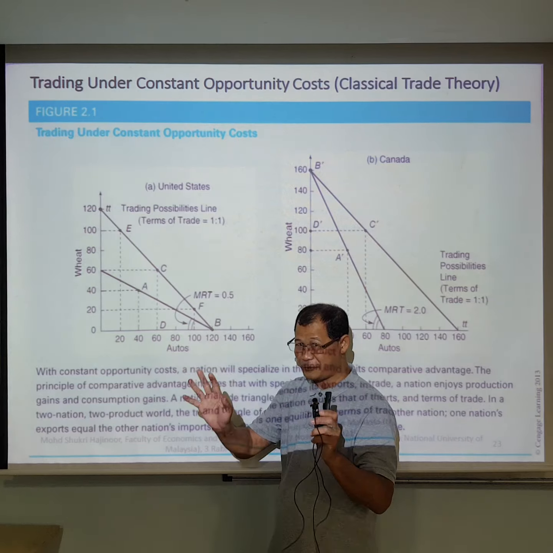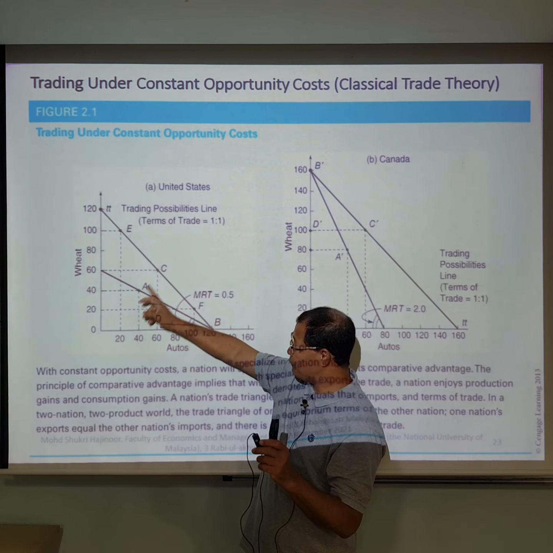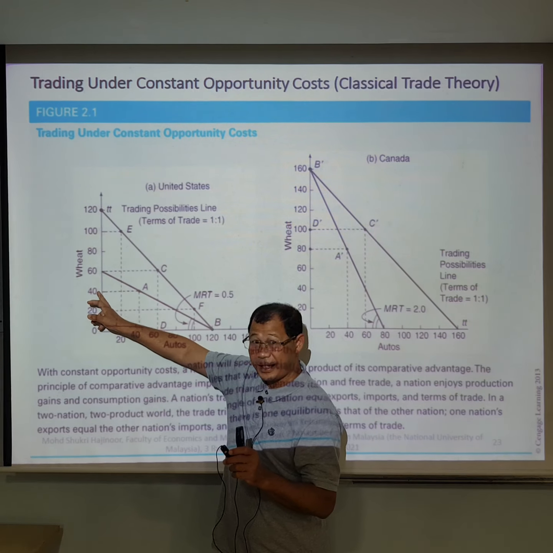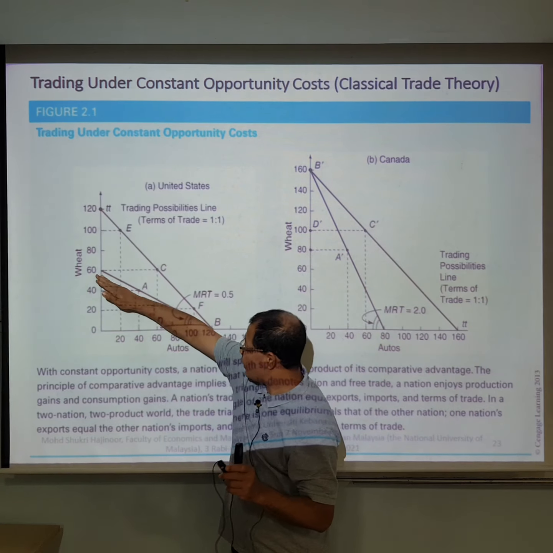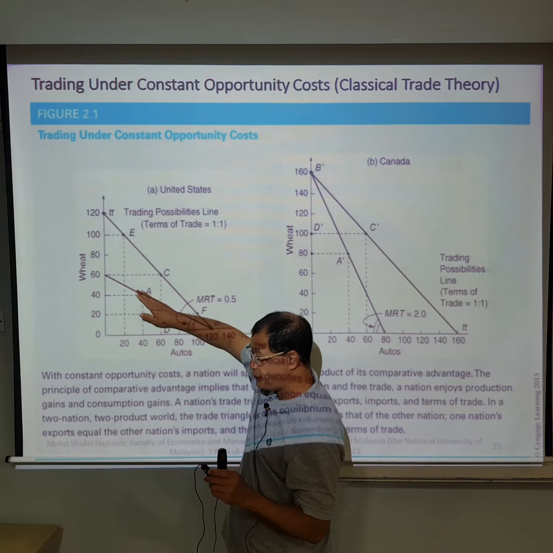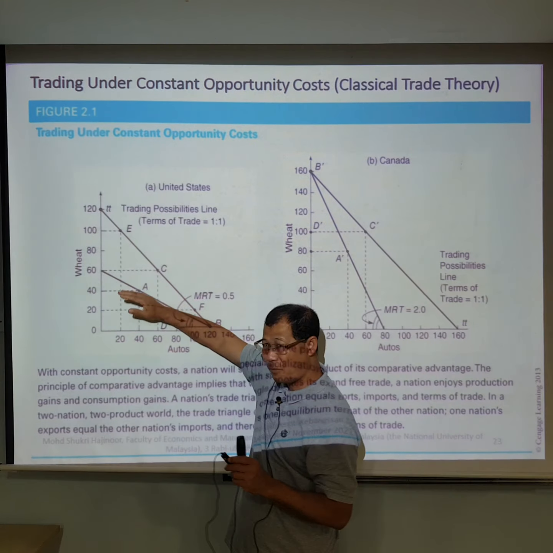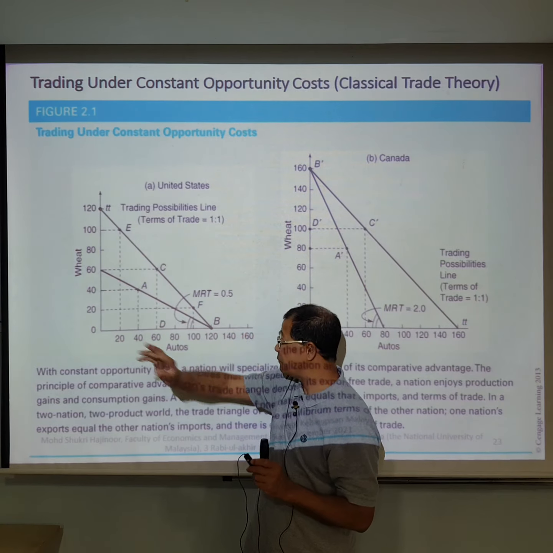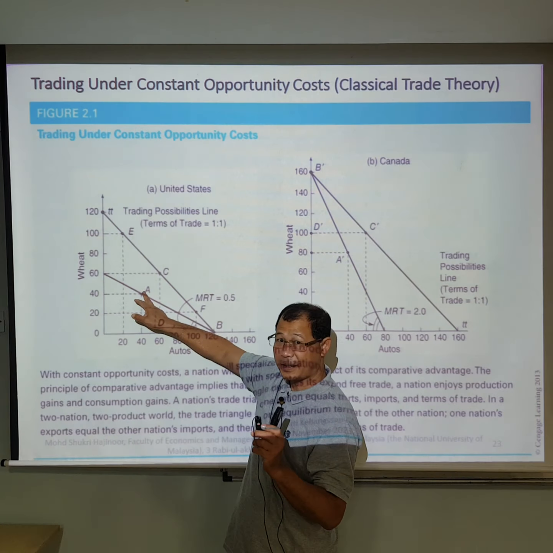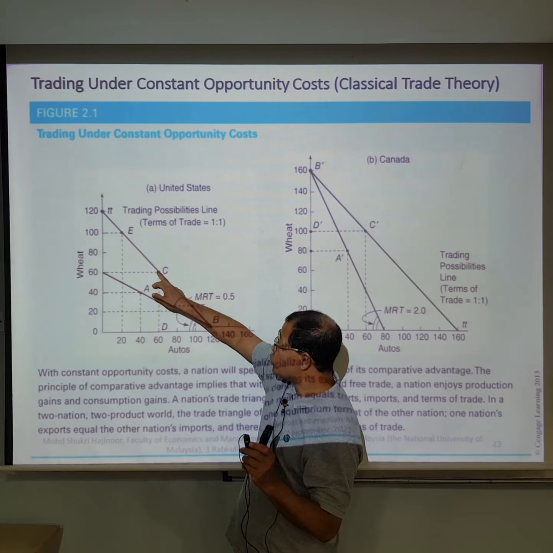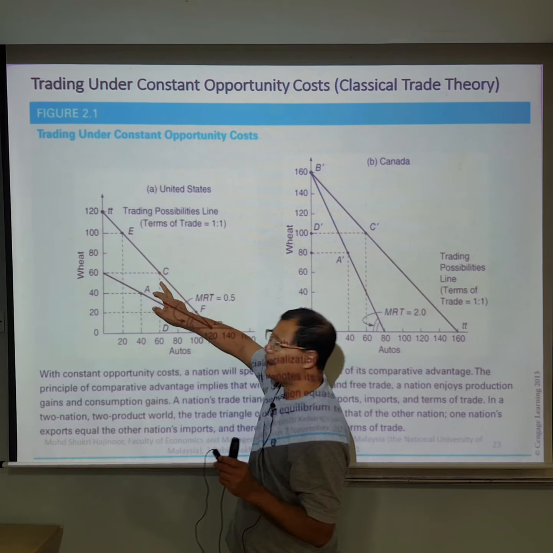Now, the beauty of trade. Previously, United States could consume only 40 wheat. Now we trade. You know that this is the production possibility frontier. Anything outside is not possible. Frontier, border. Previously, only 40 wheat Americans could consume. Now, 60 wheat. This is the beauty of trade.